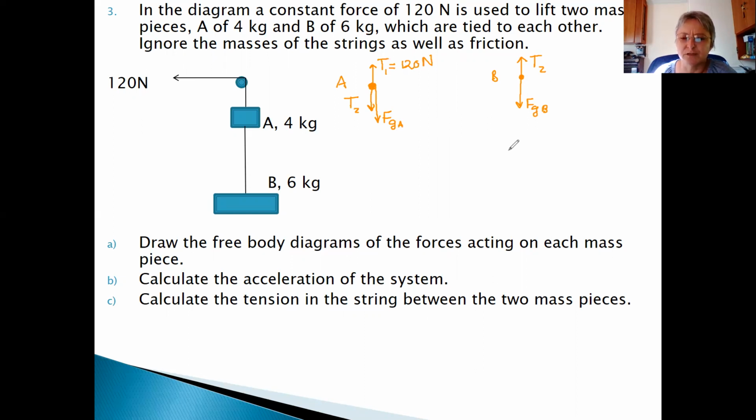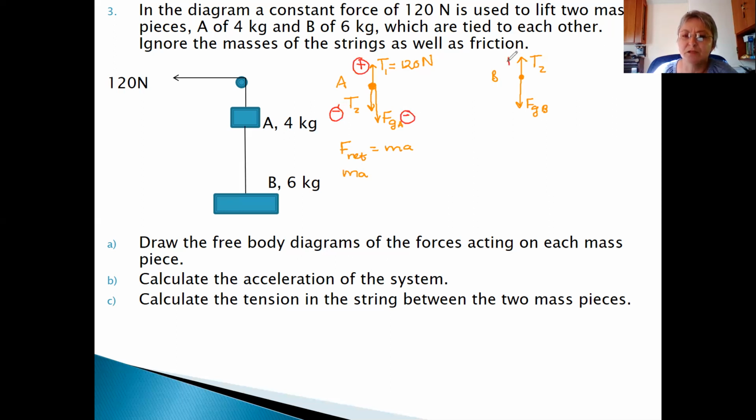Calculate the acceleration of the system. T2 is unknown and the acceleration is unknown. So I would need two equations. So for our first equation, I'm using A, and we start with F net equals ma. So ma would be, we need to choose our positive direction. I'm going to choose up as my positive direction, then down would be my negative direction.